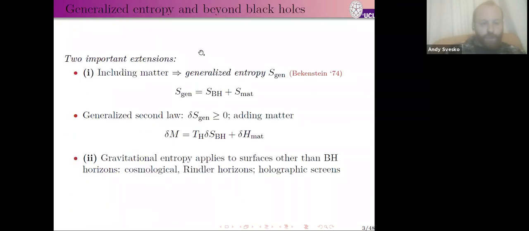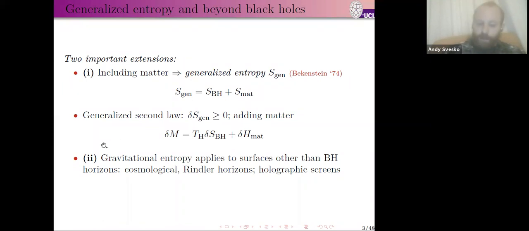Now, there are two important extensions of black hole thermodynamics that will be relevant for us. The first is that black hole entropy adds to the remaining matter entropy of the rest of the universe, and they combine into something called the generalized entropy. The generalized entropy obeys a second law, and it also modifies the first law I wrote down before, where here this is due to the exterior matter.